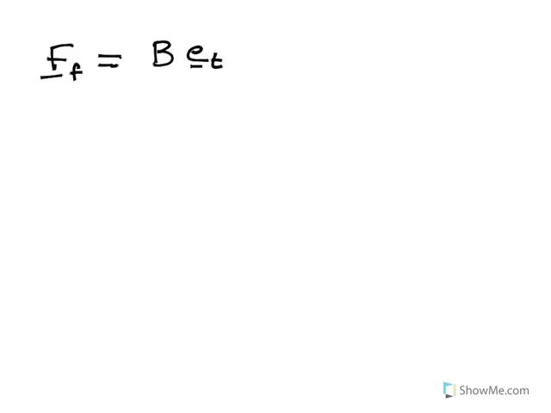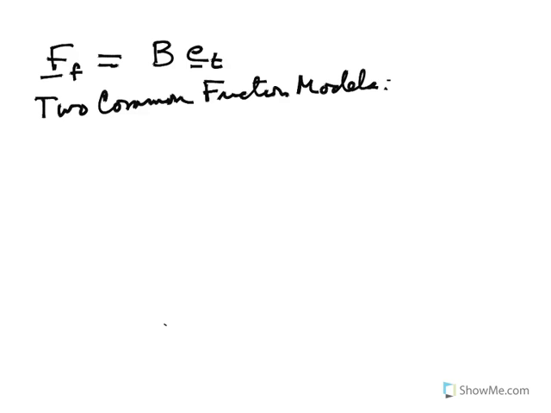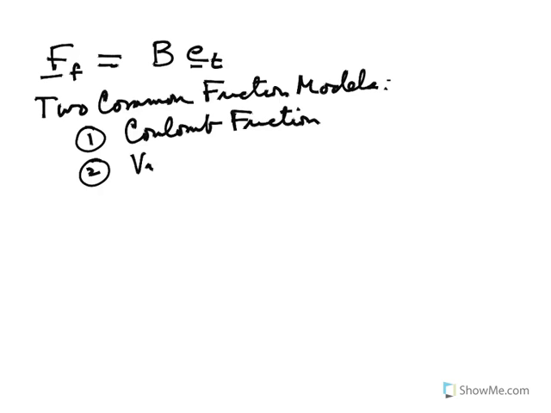Now, there are two different friction models, and these are the same two friction models that were discussed earlier. The first one is what's called Coulomb friction. And the second is what's called viscous friction. So let's do Coulomb friction.